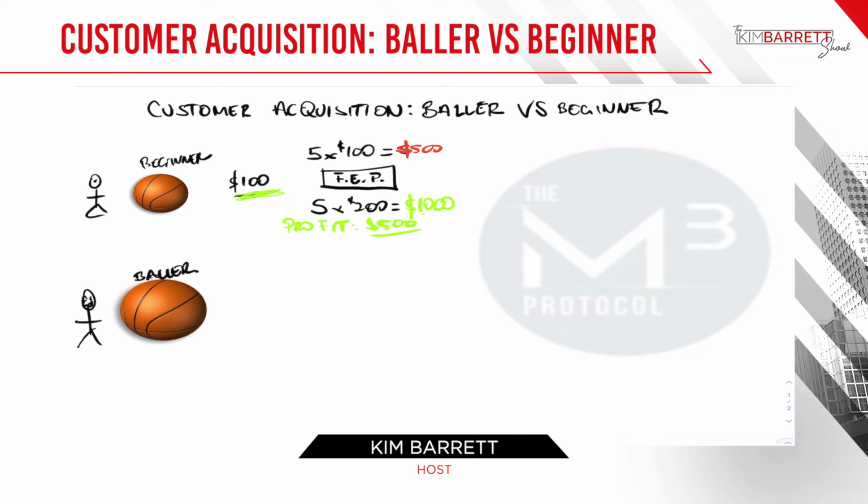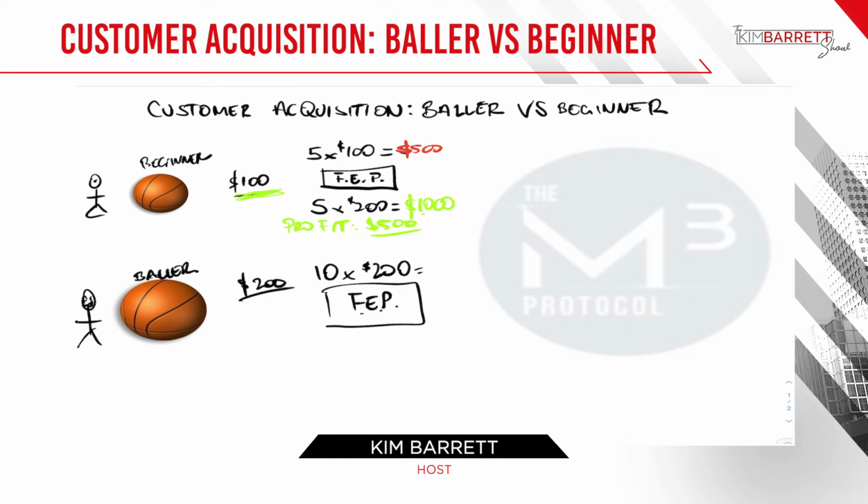So as opposed to being willing to spend $100, these guys over here are willing to spend $200 for that same FEP, that same front end product. But as opposed to only getting 5, because these guys have more spend, they're willing to crank up their ads more. They get 10 buyers, and it costs them $200 each.